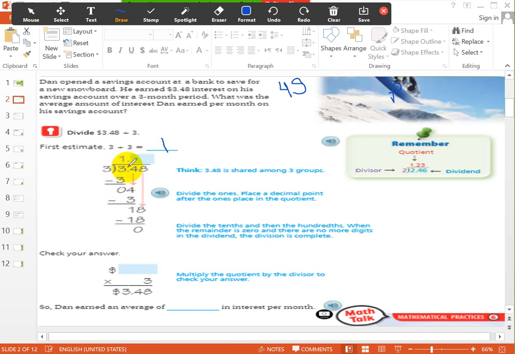I will write it in the quotient right above the decimal point in the dividend. So if the decimal point is right here in the dividend, I will write the decimal point in the quotient up right here, above it, okay? Now, I will continue the division. 4 divided by 3.